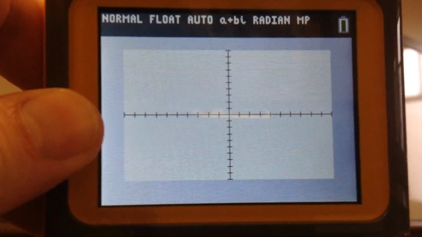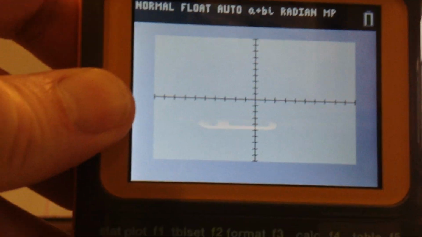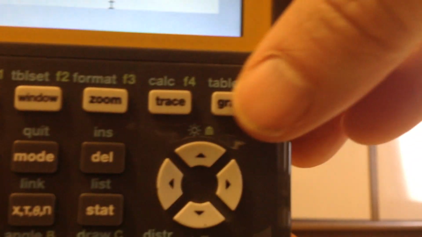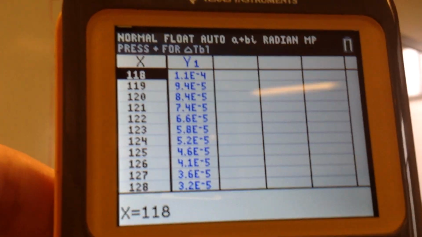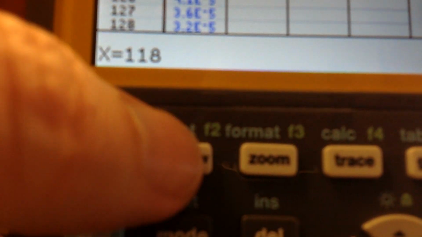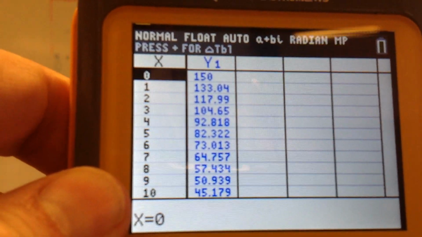So these graphs are not all going to be in the standard window. So one thing you can do is go into the table, hit second graph, look in the table. Oh, my table is a little non-standard here, so let me fix that. There we go. Now let's go back to the table, and now it's starting at 0 again.